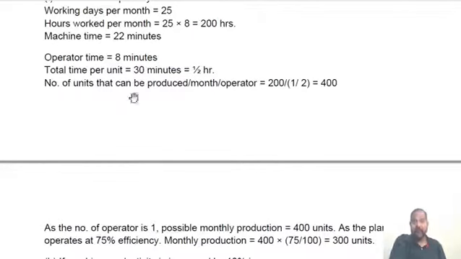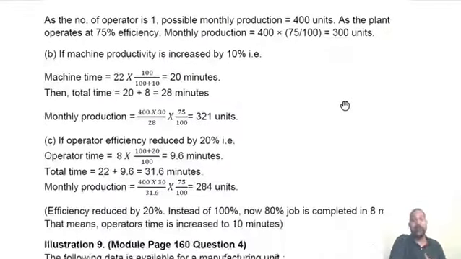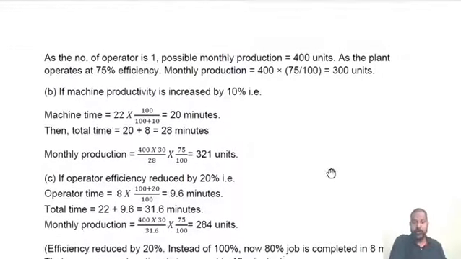That means in a given month, if you give me 200 hours, I will produce 400 units. But that is if and only if the plant is running at 100% efficiency. The plant is only running at 75% efficiency, so I will only get 75% of the total output, which is 300 units. Done? That is the first part of the question.